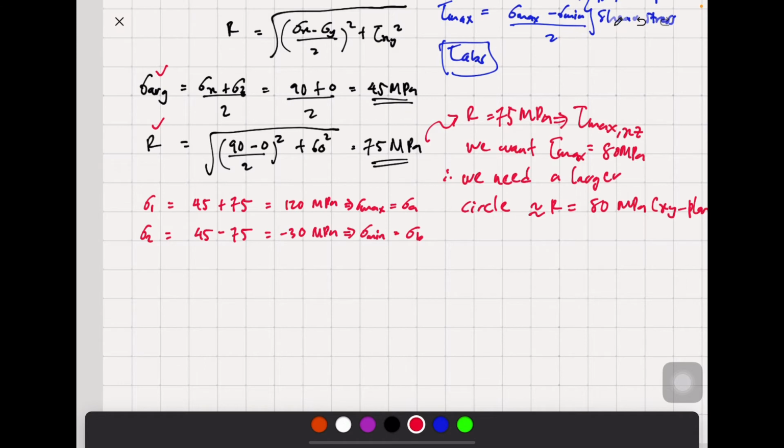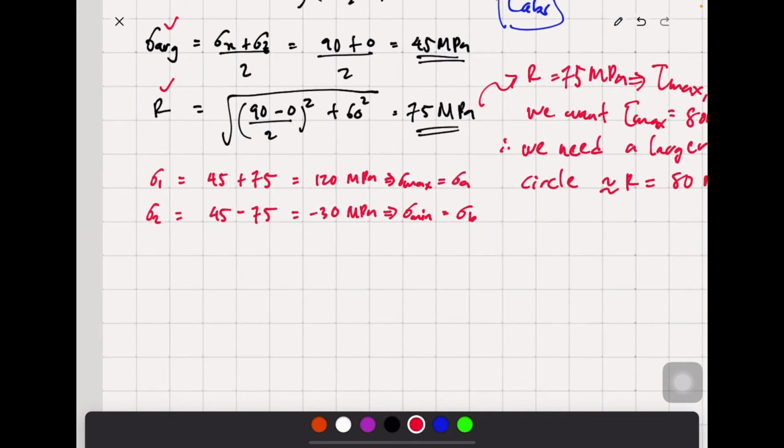So assumptions need to be made, otherwise, like say we set sigma A as our sigma max, right? Thus sigma min is going to be adjusted accordingly. Sigma max minus 2r, because the radius for our circle is going to be constructed out of that.